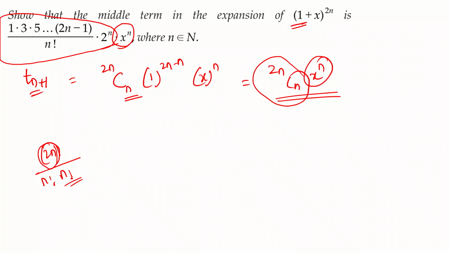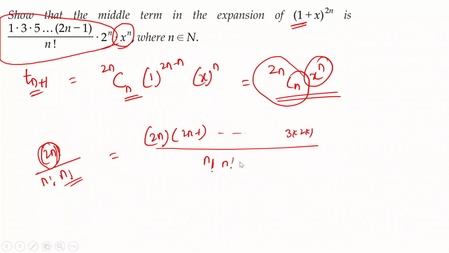So you can write this 2n factorial as 2n minus 1 up till 3 into 1, and then n factorial, and then you will have to separate it, the odd terms separate and even terms separate. I've done this in the previous videos on combinations. So please go and watch the series on combinations, and you will find out the answer over there. So I'm leaving this to you as of now.